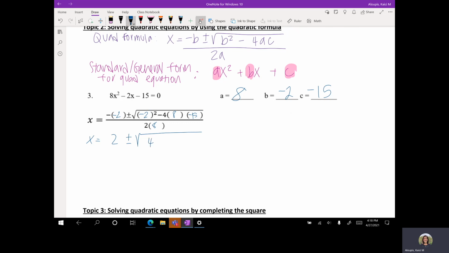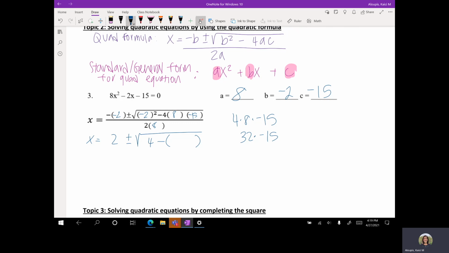Now, the whole subtract 4ac, I like to do all of that in one big parenthesis because sometimes there's a negative number and it can get mixed up. We have 4 times 8 times negative 15. Well, 4 times 8 is 32 times negative 15, which I don't know what that is. Here's my calculator. 32 times 15.